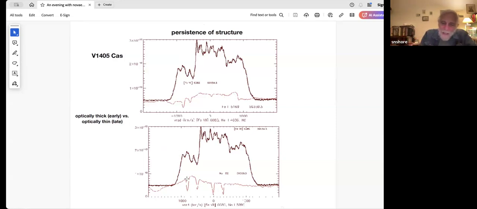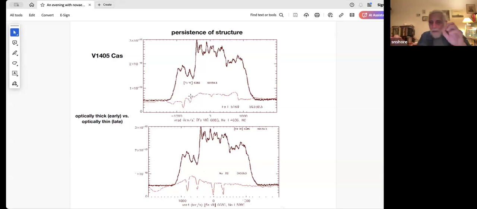Sorry, these two lines are the same as these. These are interstellar neutral sodium D. These are the resonance lines. And this is a portion of the ejecta that completely recombined and turned neutral. At the same time, as you see on the iron, only one of these was neutral.